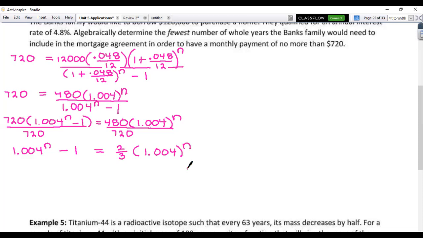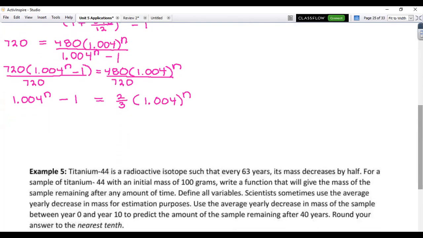Okay. So next, and this is where this gets a little bit tricky and you want to make smart moves to kind of help yourself out. Now, what you're going to notice is the left side and the right side kind of look similar here. They both have a 1.004 to the n, which means I want to get those together. So what I'm going to do is add the 1 over here, and move this term over here.